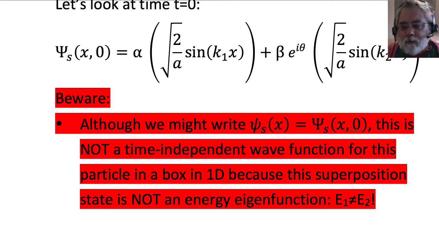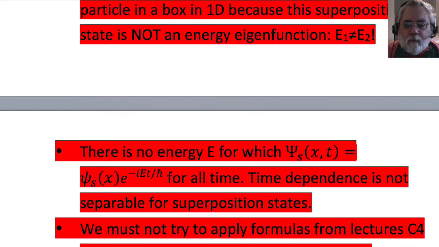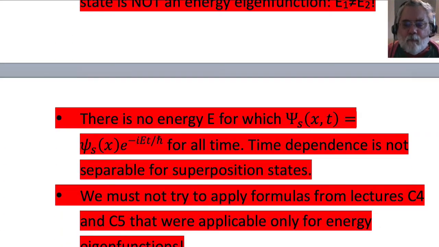E sub 1 is not equal to E sub 2. There's no energy E for which psi sub s of x and t equals lowercase psi sub s of x times e to the minus i E t over h bar for all time. If you try to find such an energy, you won't be able to find one. And time independence is not separable for superposition states.